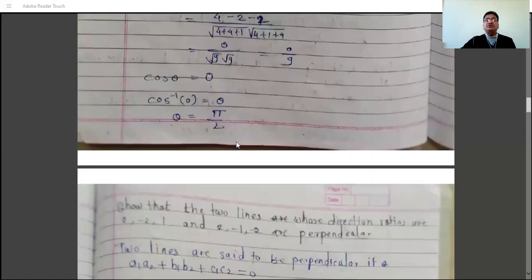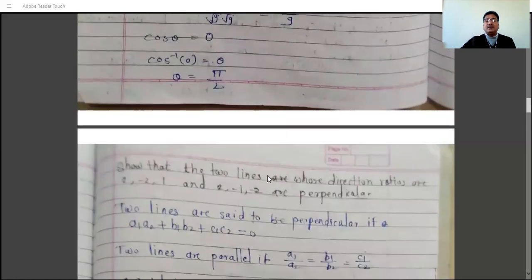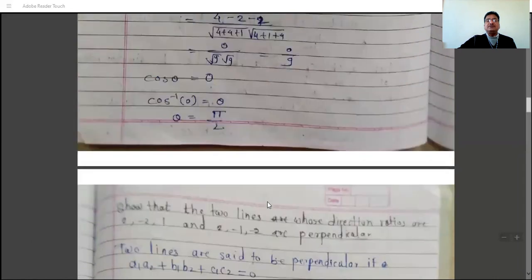So in order to show two lines are perpendicular, show that a1 a2 plus b1 b2 plus c1 c2 is equal to 0 if the direction ratios are given. And if the direction cosines l1, m1, n1 and l2, m2, n2 are given, then show l1 l2 plus m1 m2 plus n1 n2 is equal to 0.